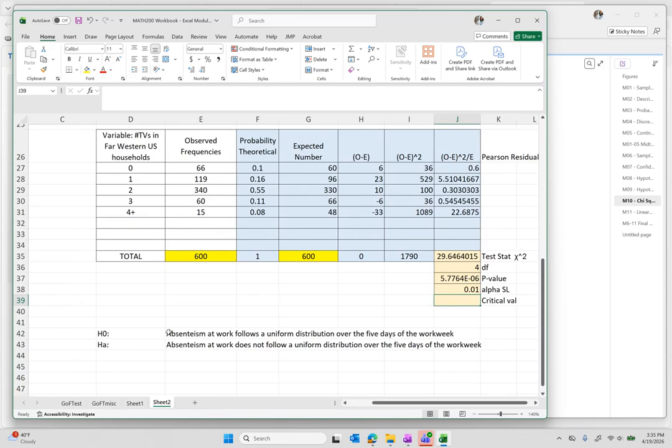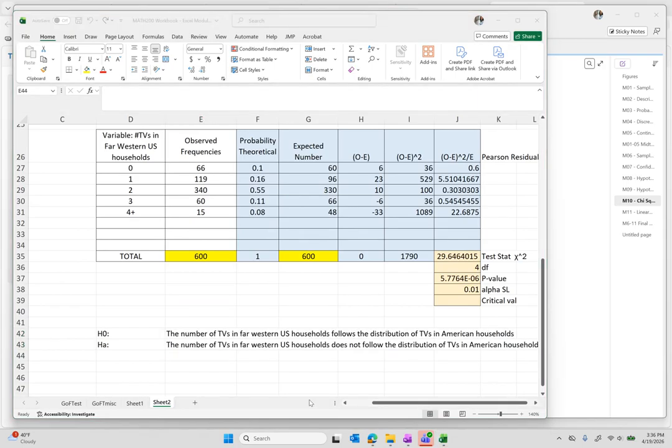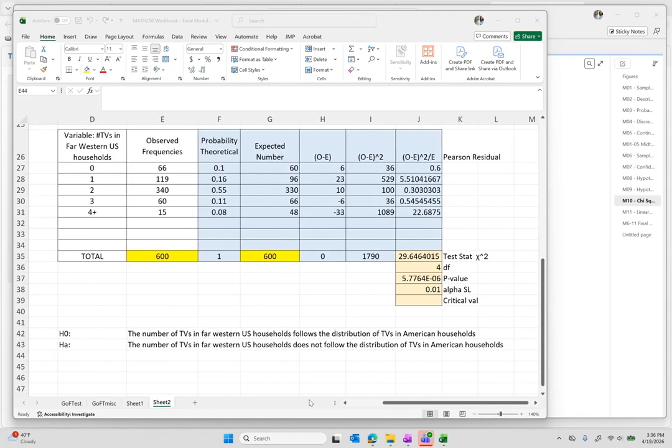Let's update our null hypothesis and our alternative hypothesis to agree with the story. So our null hypothesis is that the number of TVs in far western US households follows the distribution of TVs in American households, the theoretical probabilities, and the alternative hypothesis will be that the number of TVs does not follow that of the American households.